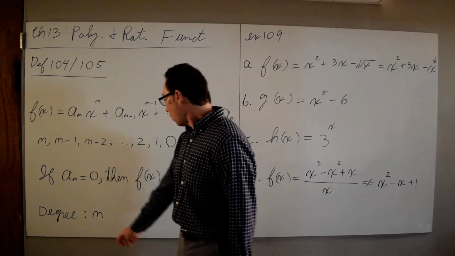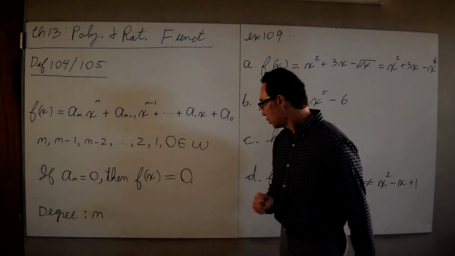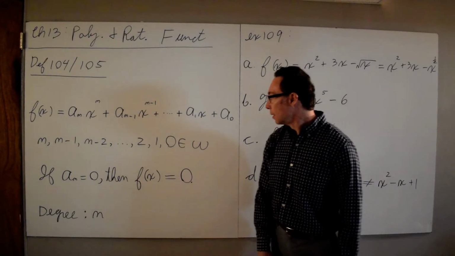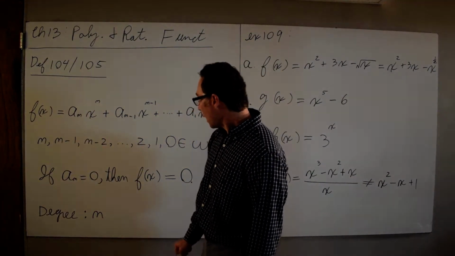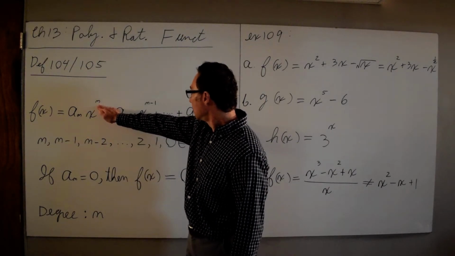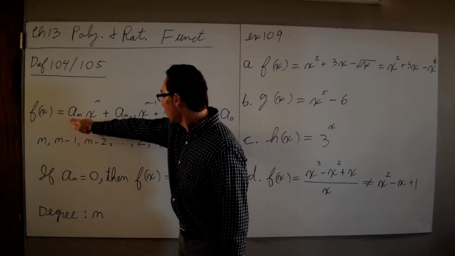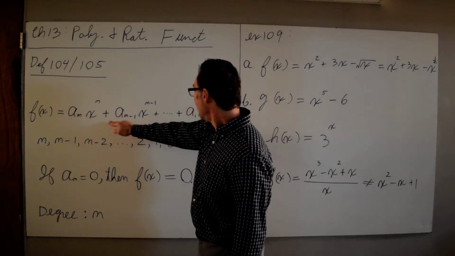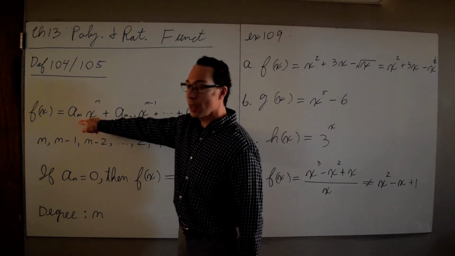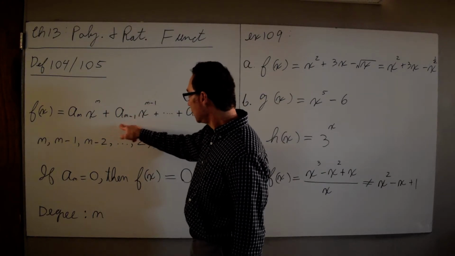We do not want a sub n to be 0 except in one very specific case, and that's when you have the constant function. The reason for that is the degree of our polynomial is the highest exponent right here. If a sub n is 0, and the next term is not 0, then we just start there instead, and so the degree of our polynomial should be n minus 1 instead of n.